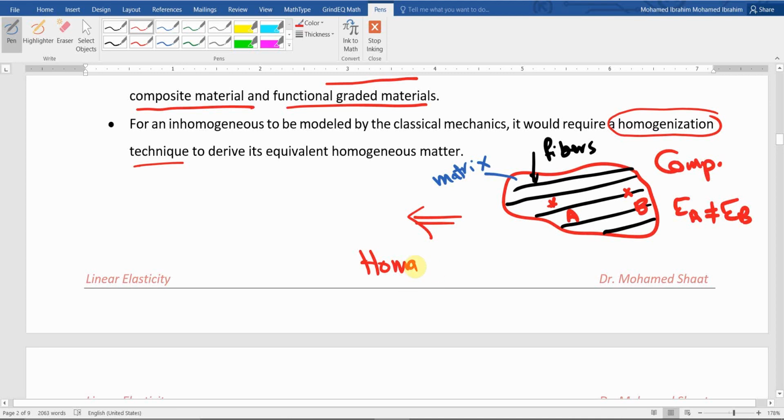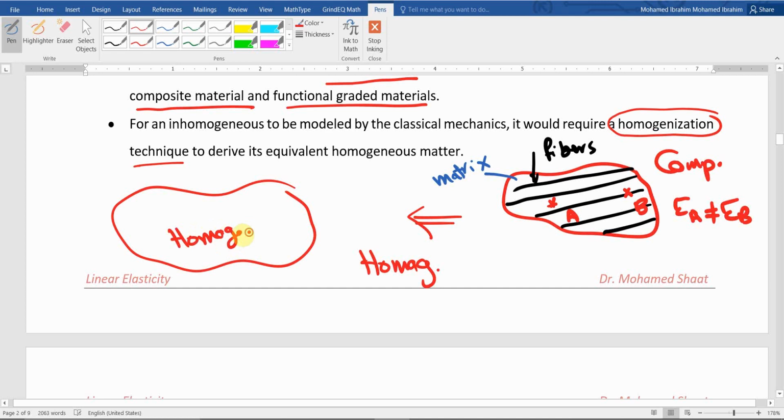We have many of them that would be used for different composite materials, and the objective of this homogenization approach is to convert the heterogeneous material into an equivalent homogeneous material. Once we end up with this homogenized, equivalent material, we can use classical mechanics.